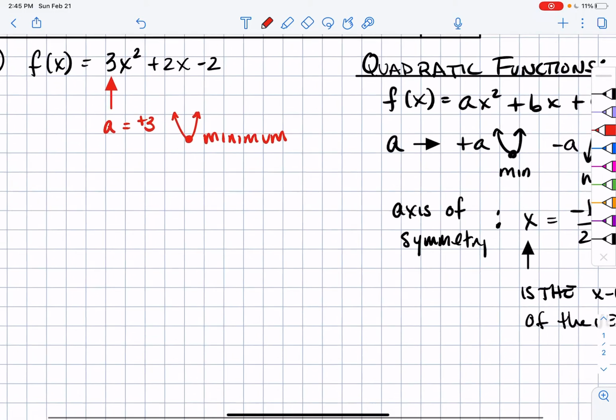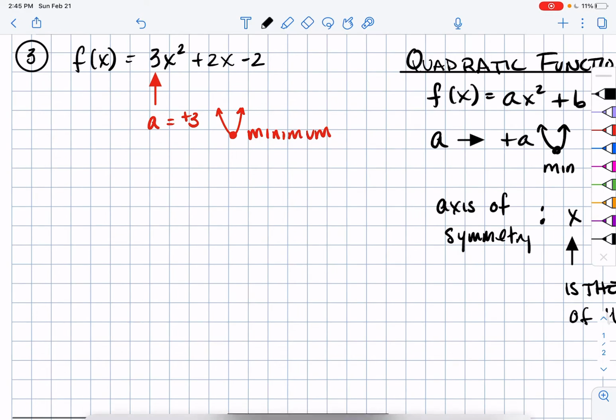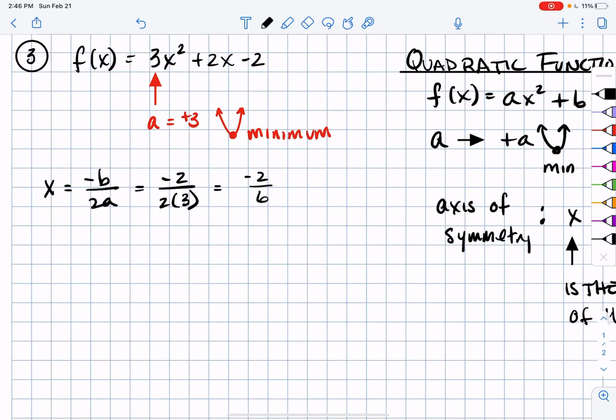First, I have to find the x value of my vertex. So x is equal to negative b over 2a. Well, it'd be negative 2 over 2 times 3. So that's going to be negative 2 over 6, so it's going to be negative 1/3.